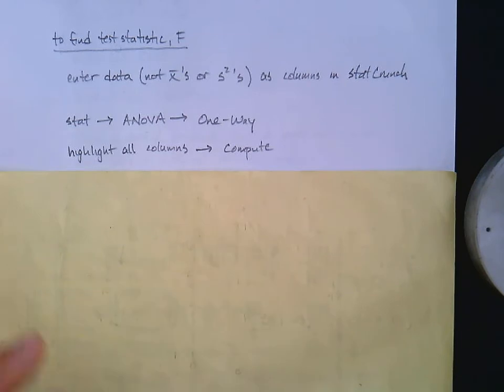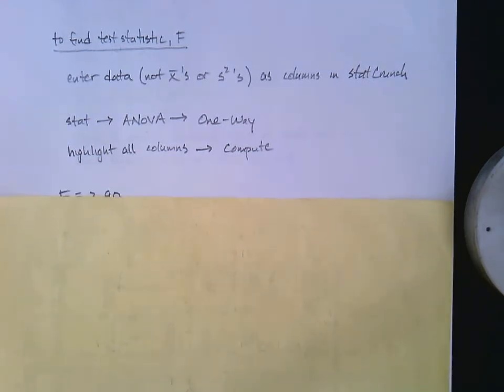Once you hit compute, it's going to give you a large table. So I'm not going to try and copy that down here on my page. I'll show it to you when we do the StatCrunch video in a second. Once you hit compute, just look at that. It gives you all this information, and you're going to see MS, and you're going to see SS, but you're going to find F as well.